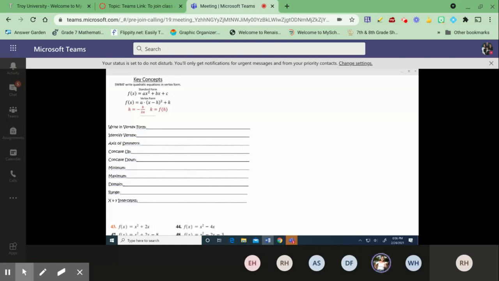I'm going to start with completing the square. Remember, b divided by 2 squared, right? So what's my b in this one? So I'm going to say negative 4 divided by 2 squared.